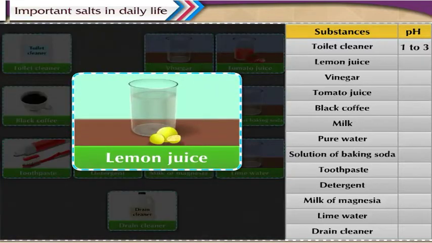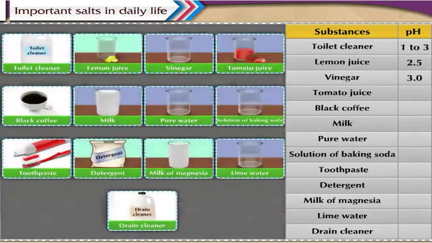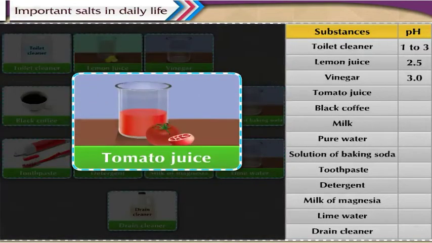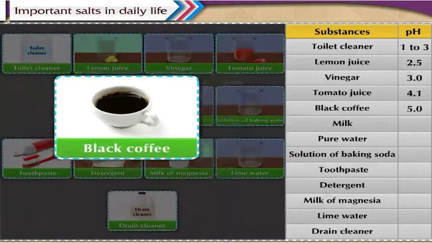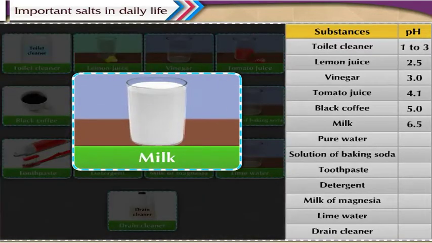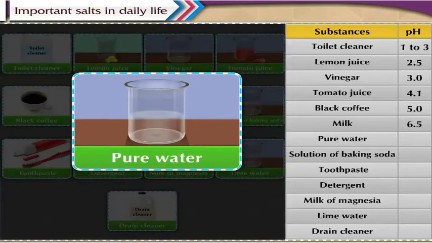Lemon juice has pH 2.5. Vinegar has pH 3. Tomato juice has pH 4.1. Black coffee has pH 5. Milk has pH 6.5. Pure water has pH 7.